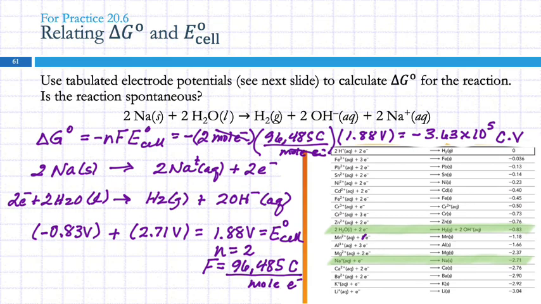And a volt is a joule per coulomb, so that ends up being joules. I believe a volt is a joule per coulomb. So a joule per coulomb times a coulomb is a joule.